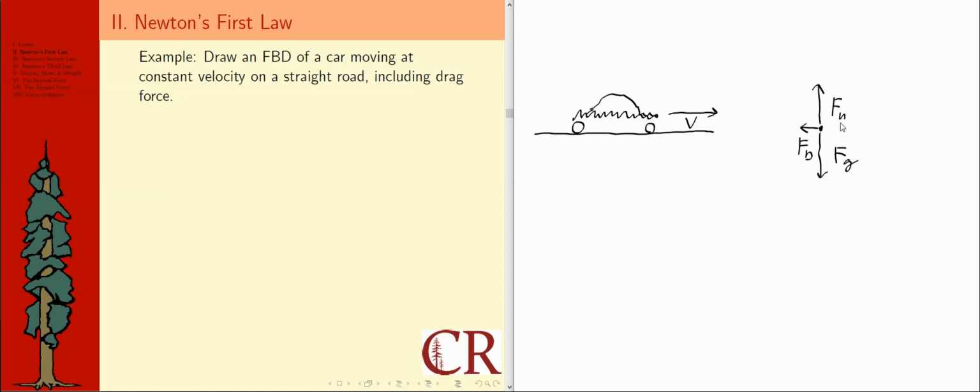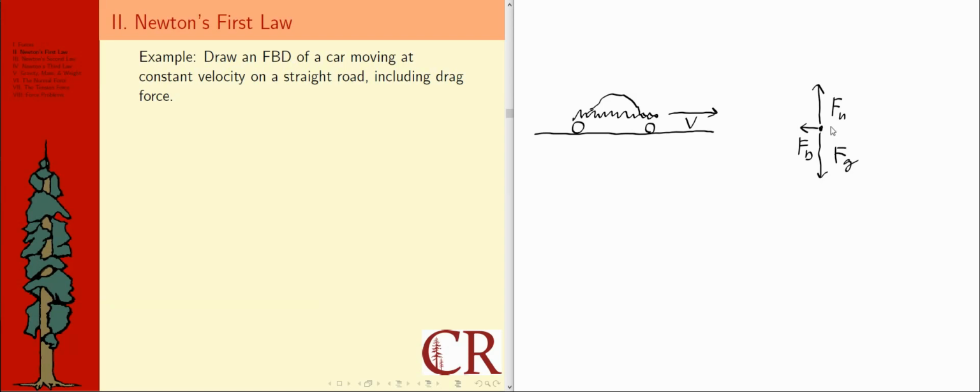Now, if these were all the forces for this car, what would the car really be doing? I think the 2 vertical forces cancel each other out, and this one would indicate that the car would have to be slowing down. So we need some other force. Well, the car has an engine, right? Does the engine apply a force to the car? My answer is no. The engine makes the wheels go around.